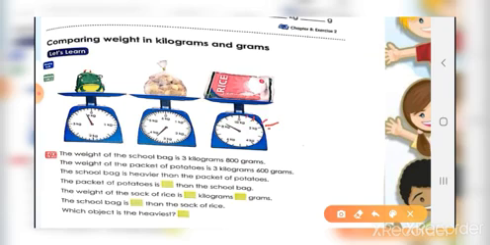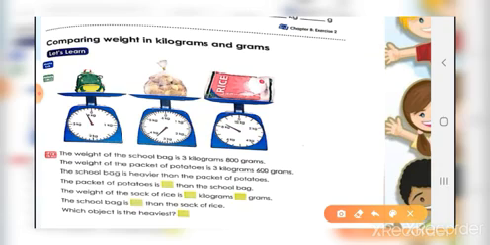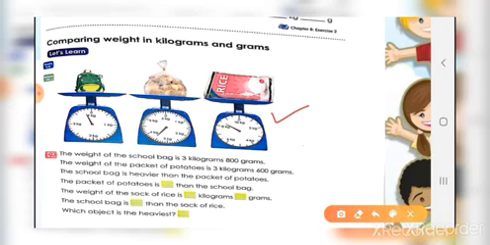It means that the second interval stands for 1 kg. So there are 2 intervals between 1 kg and 0, so each interval stands for 500 grams. So in this right scale you can see that each interval stands for 500 grams.